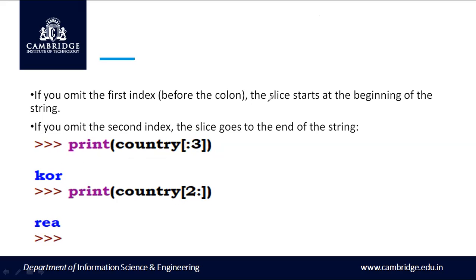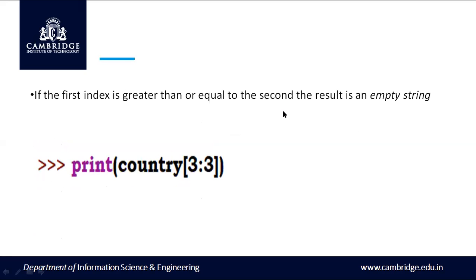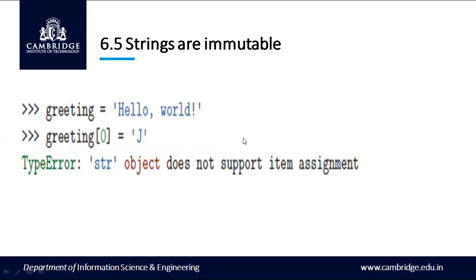If you omit both the indexes, the full string will be printed. If the first index is greater than or equal to the second index, it results in an empty string.